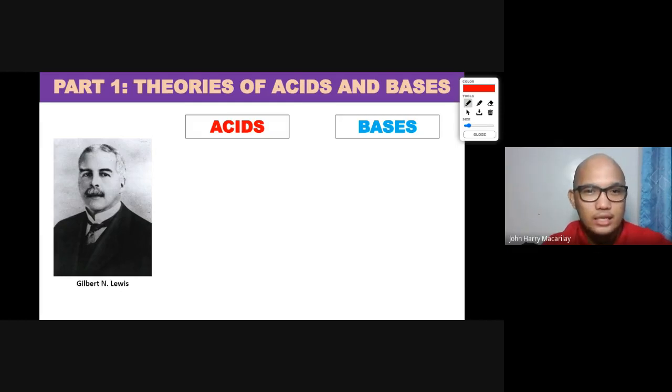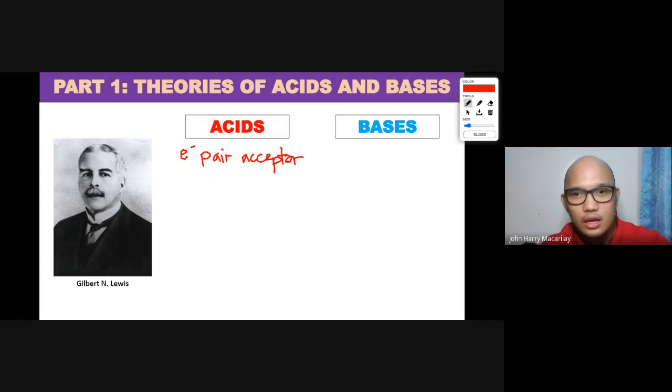Right? So a Lewis acid is considered an electron pair acceptor, and a Lewis base is an electron pair donor.